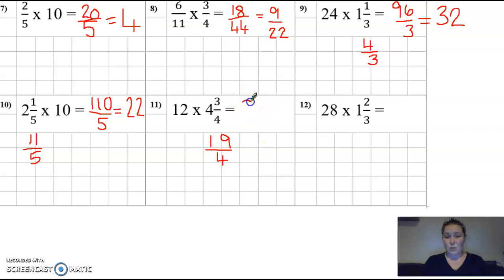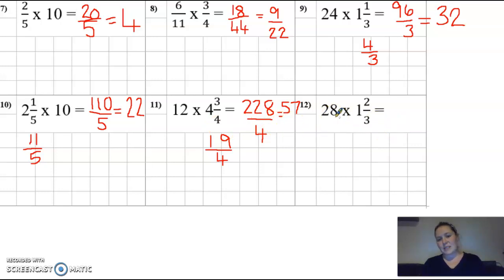So 228. 228 over 4. Again, that's absolutely right as an answer, but 4 does go into 228, so it's going to go in 57 times. Okay, again, you could have done 12 times 4 is 48 and then done the 12 times 3/4. Either way should get you to the same answer.